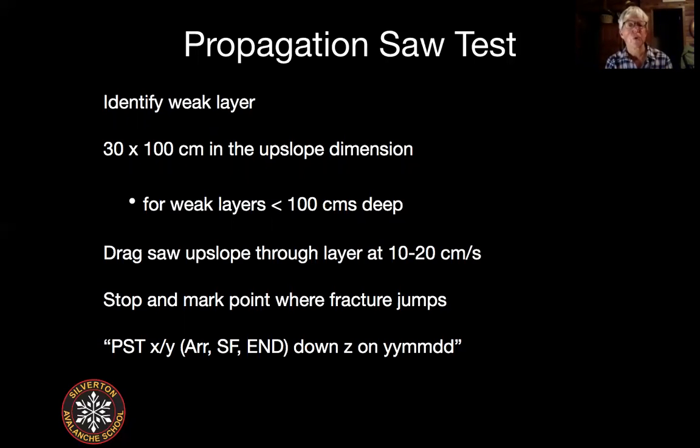But if you know the interface that you want, then you're going to build your column and outline that layer that you want to drag the saw up through that layer to see if it fails before 50 centimeters or later than 50 centimeters, and indicating whether or not we could get skier triggered avalanches. We can get propagation, not just failure, but propagation.